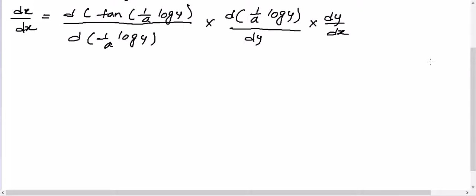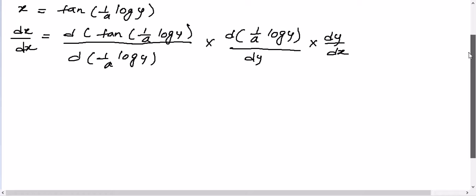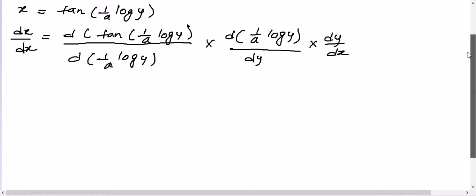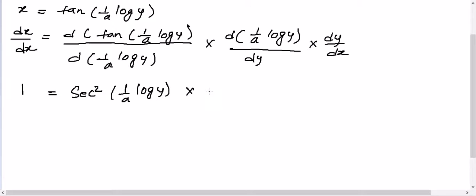So guys, this is how we are going further. So the derivative of this will be 1, right? We'll write it as 1, and this will be sec square of 1 by a log y into 1 by a is constant.